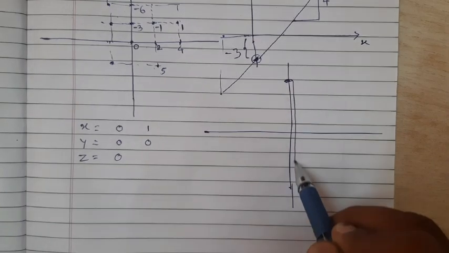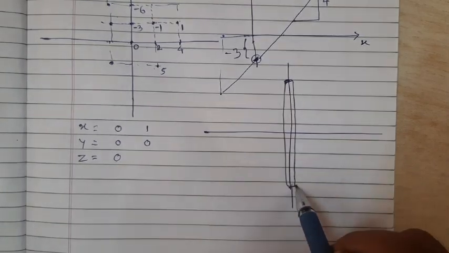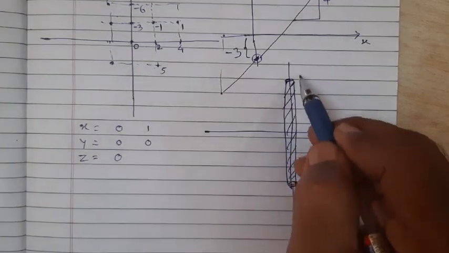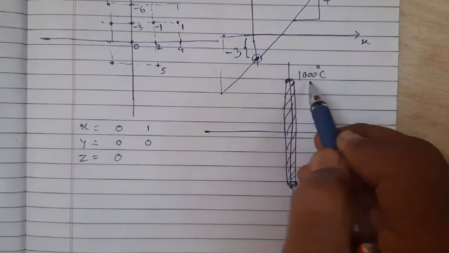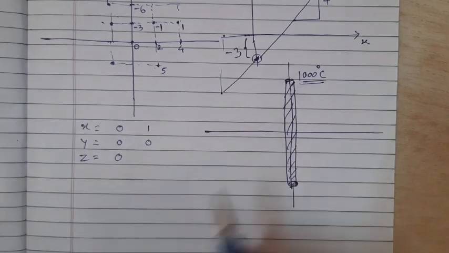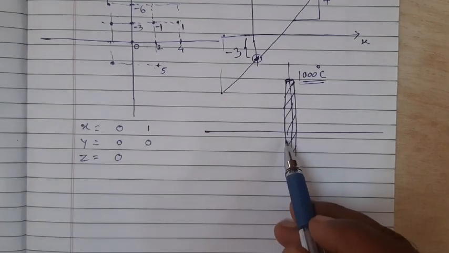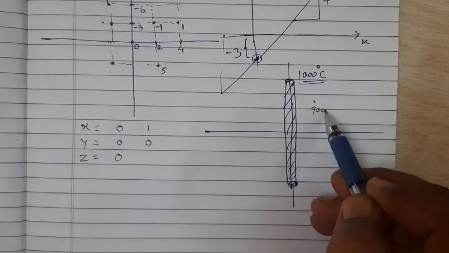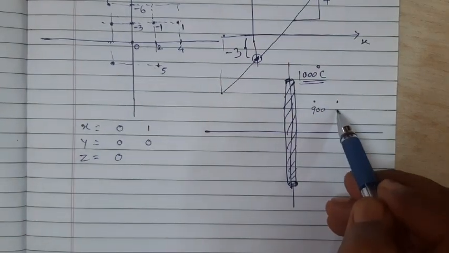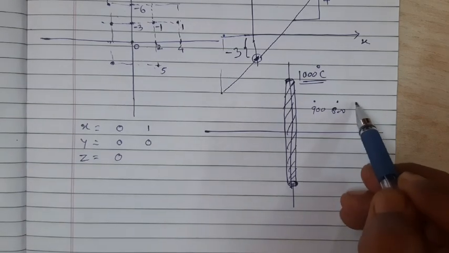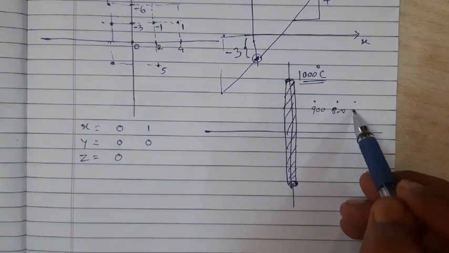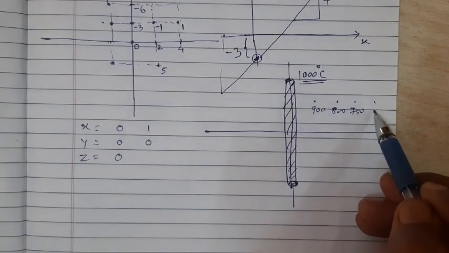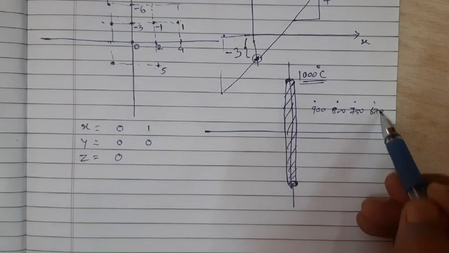Suppose here it is a rod along the y-axis, and if the temperature of this rod is very high, say for example 1000 degrees centigrade, suppose it is a metallic rod and the temperature is very high, then you will realize that here the temperature will be, say, about 900, then here the temperature will become 800, here 750, here the temperature may become 670 and so on.